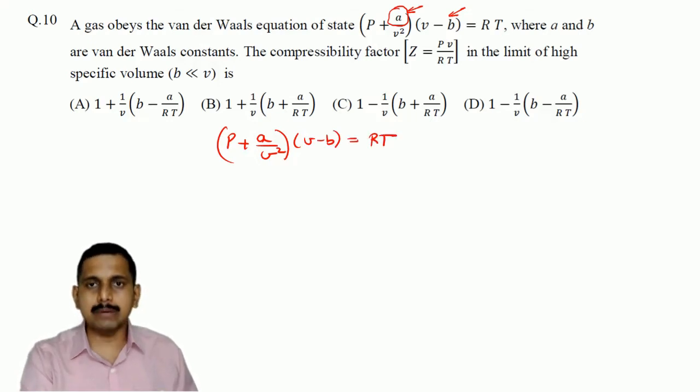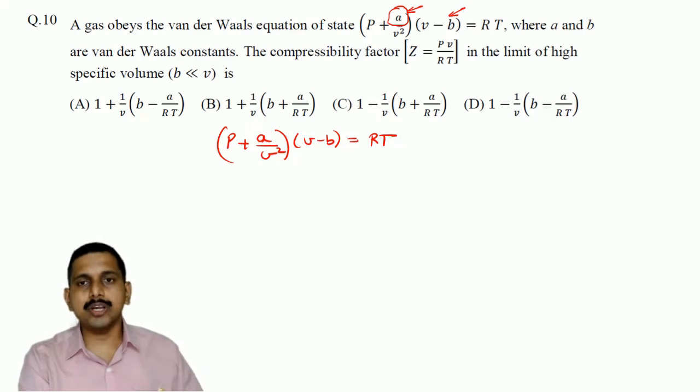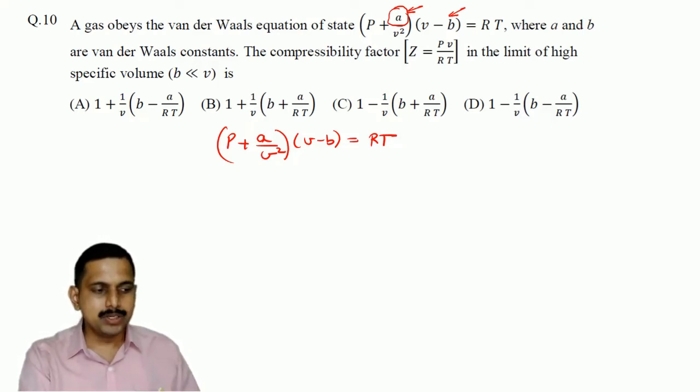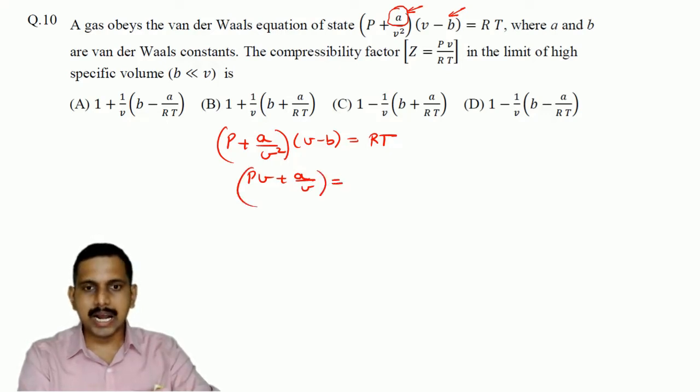After this, the whole thing is about algebra, that's it. So if I continue with that, I can write PV + a/V = RT(1 − b/V)^−1.